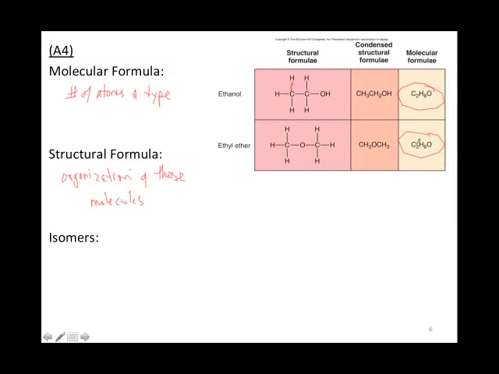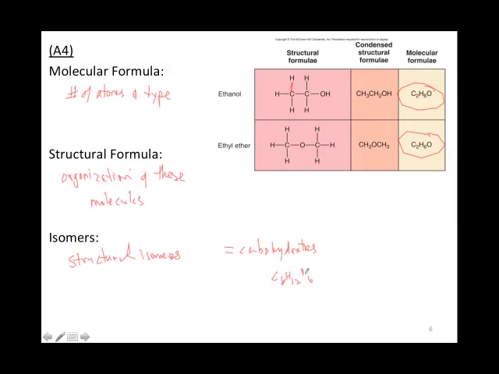Even though they have the same molecular formula, their structural formula is different. These would be called structural isomers, meaning that they have the same molecular formula, but they are structurally different. We see that a lot with other organic molecules such as carbohydrates, which are sugars. C6H12O6 typically is going to represent glucose.